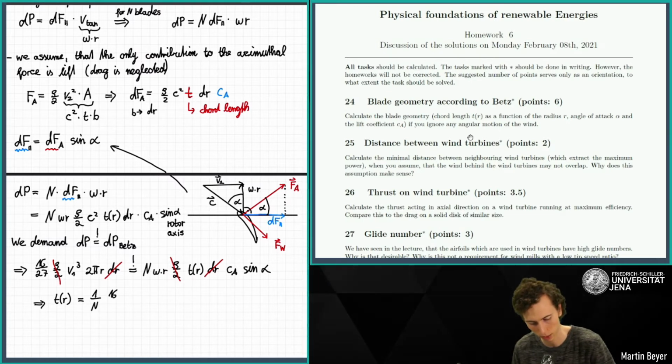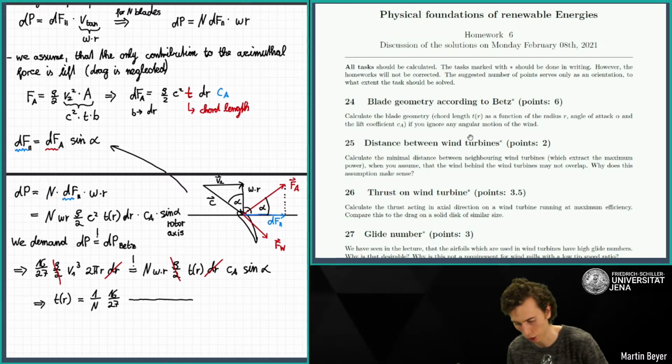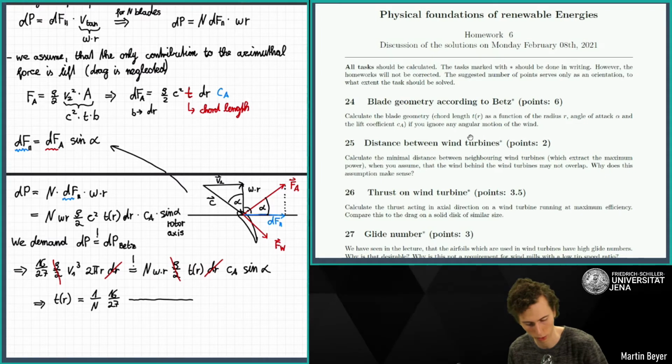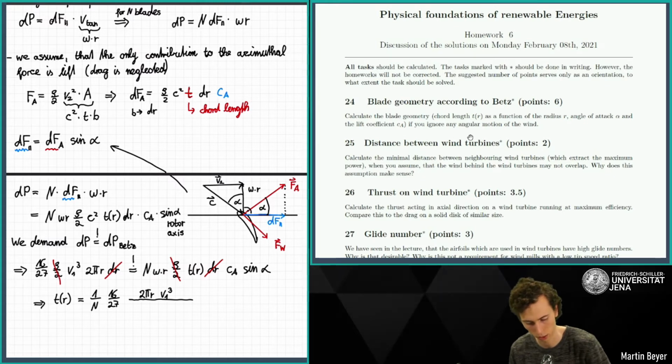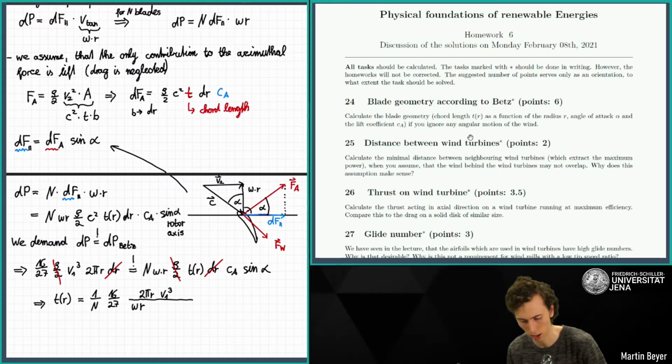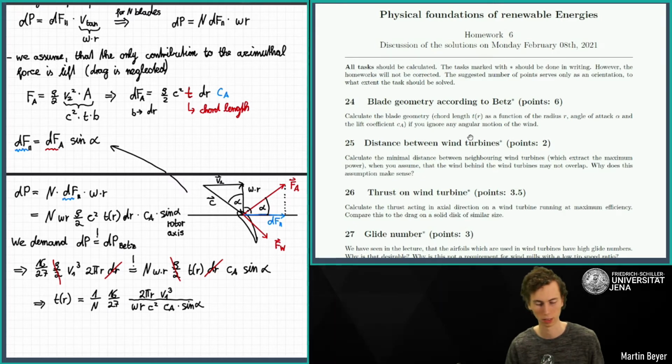Then we write the 16 over 27 again. And now a huge fraction: we have this 2 pi r on the left side and the velocity also. And in the denominator, omega times r, c squared, the lift coefficient times the sine of alpha.